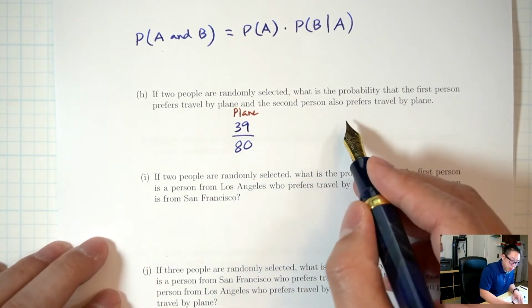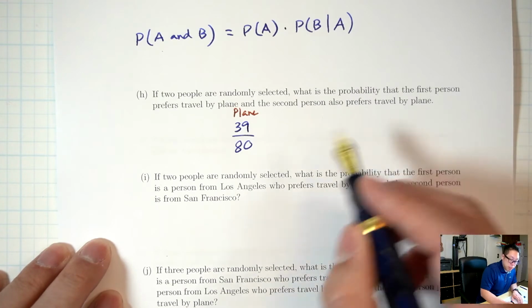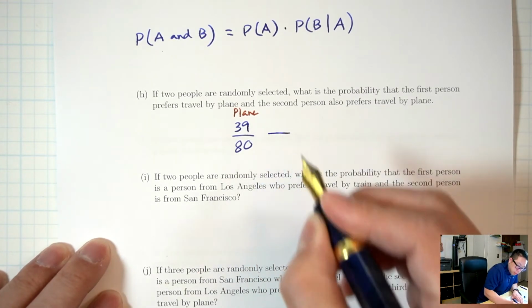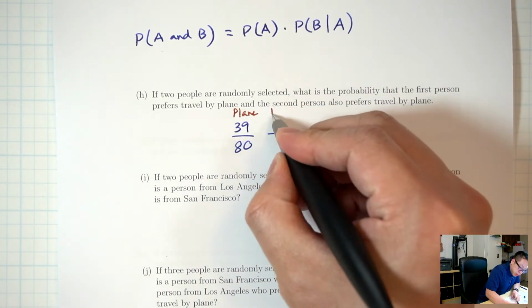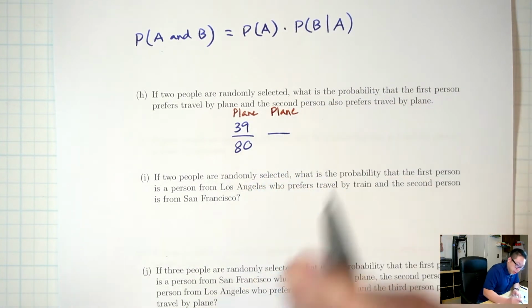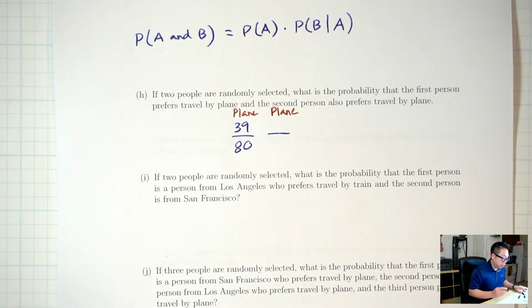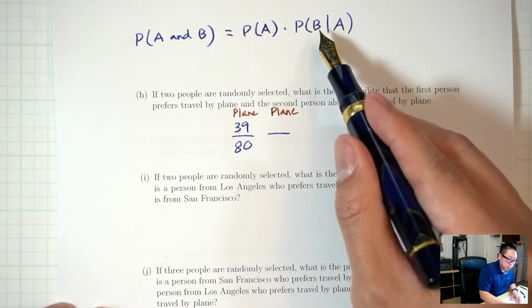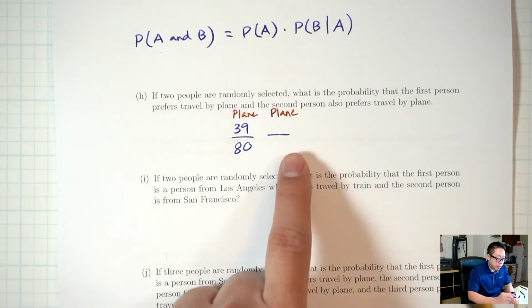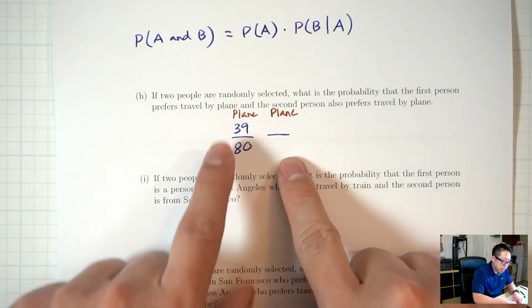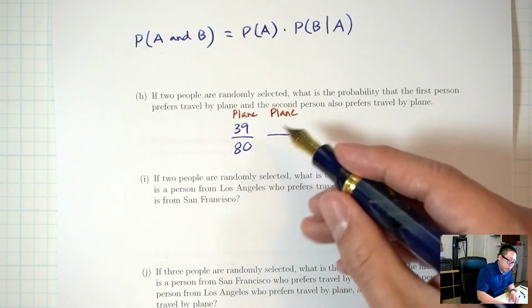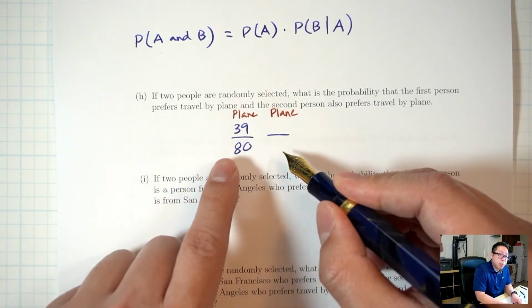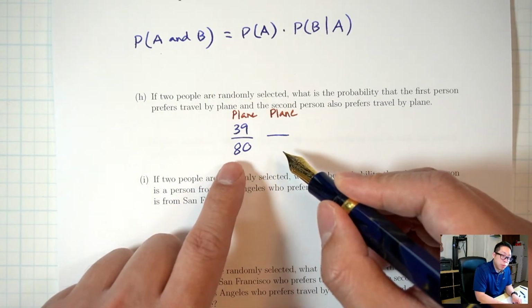And then the second person also prefers travel by plane. So that's going to be another fraction. And this person, I also want to be a plane person. Okay, and this is where the second idea comes in. So this B given A. So when I make the second fraction, I have to keep in mind that I already picked 1 person in this first slot already. Okay, so for the second fraction, because I already picked 1 person, I don't have the full 80 people anymore.